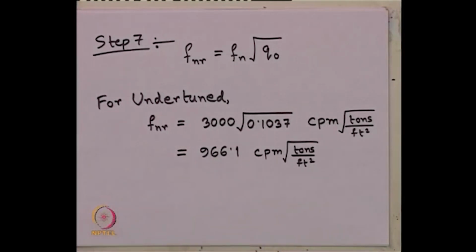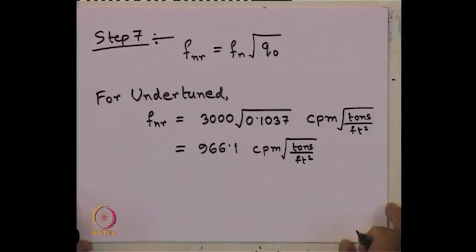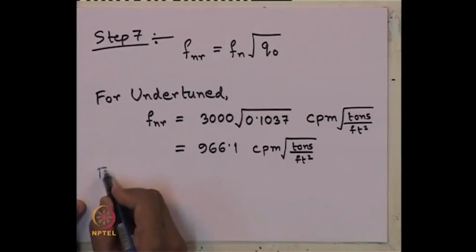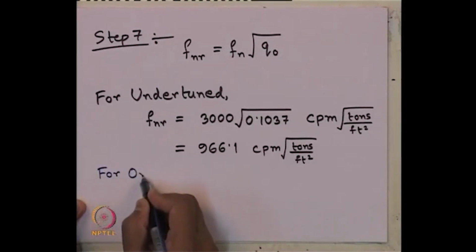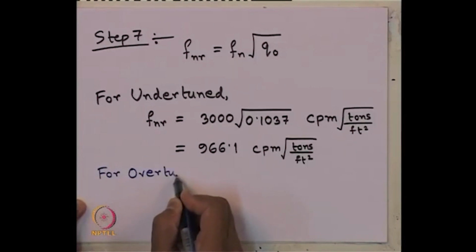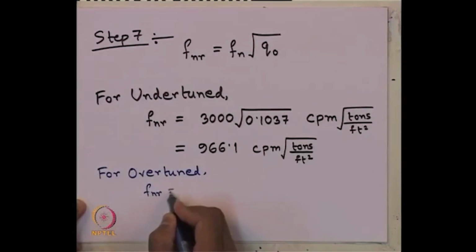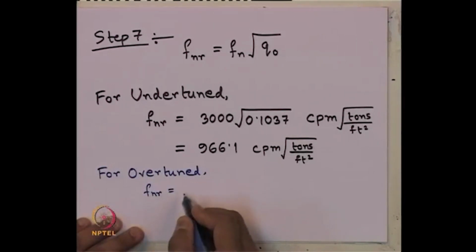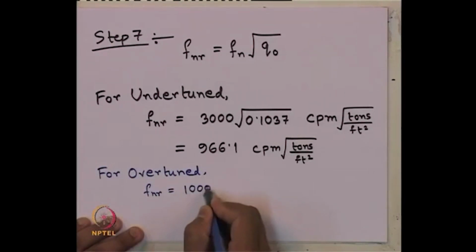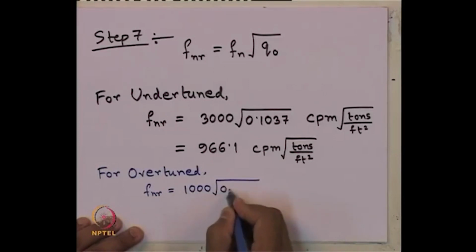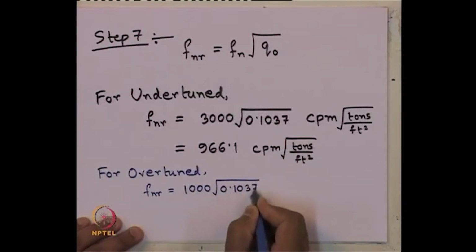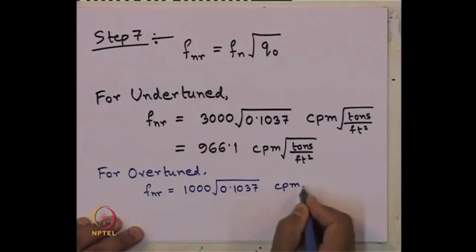Okay? Whereas, if we go for the overtuned design, in that case FNR is, Fn is how much? 1000 times root of 0.1037.